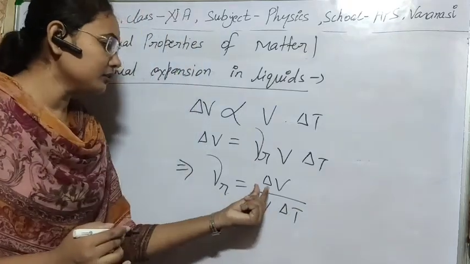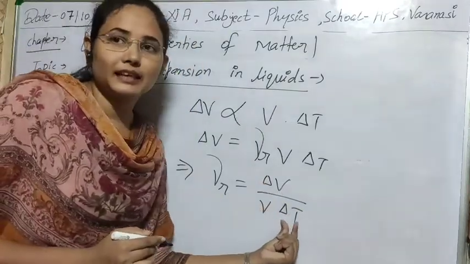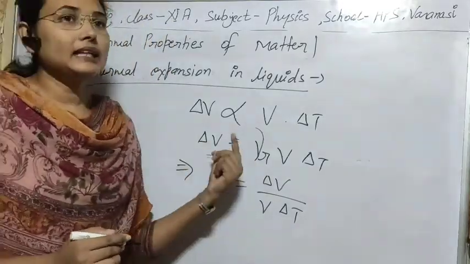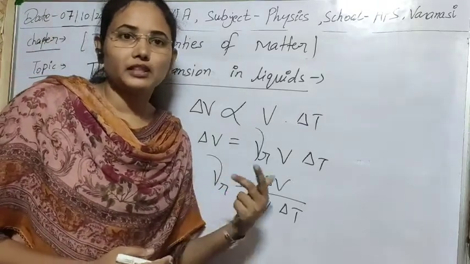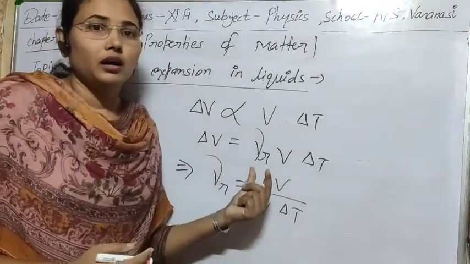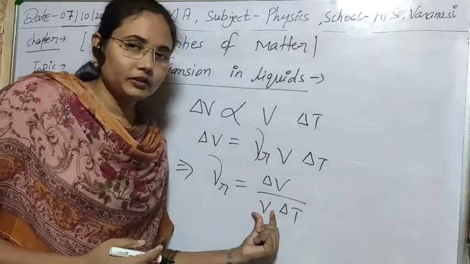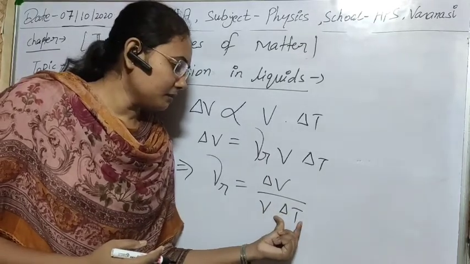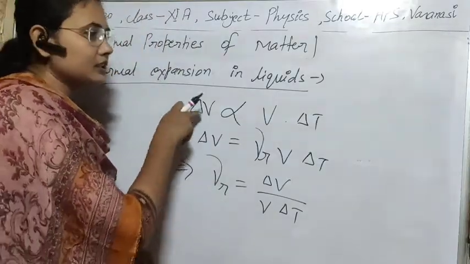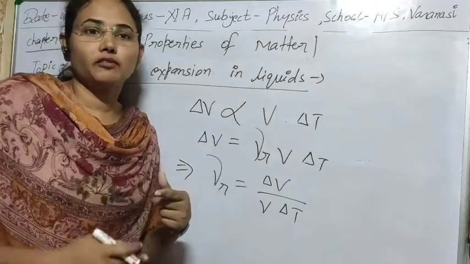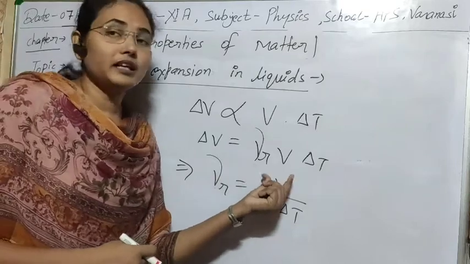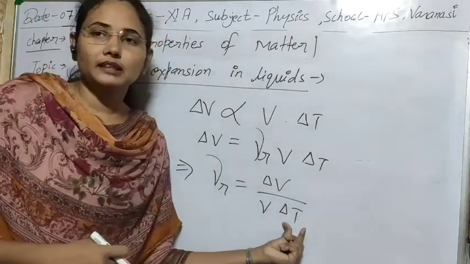So as I was telling you, change in volume per unit volume per degree rise in temperature is known as coefficient of real expansion. In a similar manner, we can easily define the coefficient of apparent expansion: change in apparent volume per unit volume of the container per degree rise in temperature. If real expansion of liquid takes place, this can be defined as gamma r equal to change in real volume of the liquid per unit volume per degree rise in temperature.